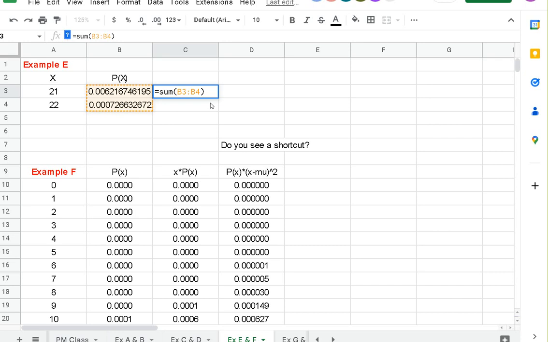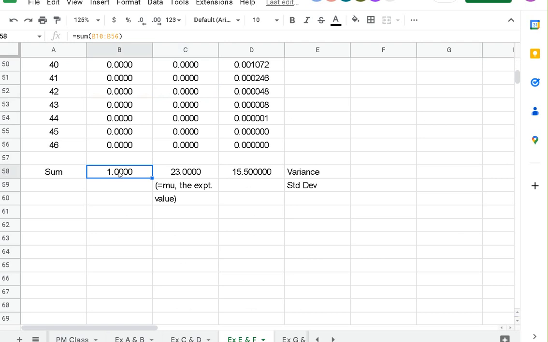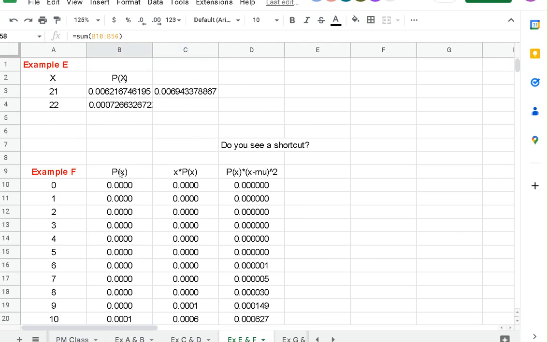Now in the next example, I actually did create the distribution for the entire function. But before I get there, are we okay with example E? Can I see what you put in cell 4?